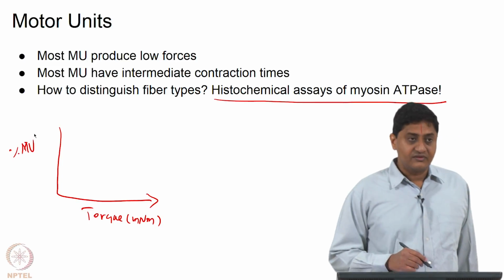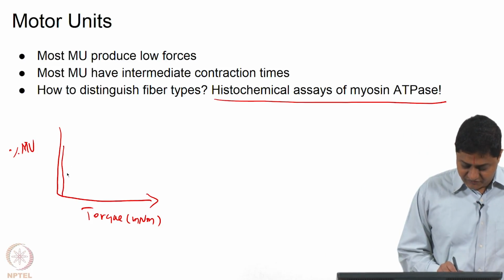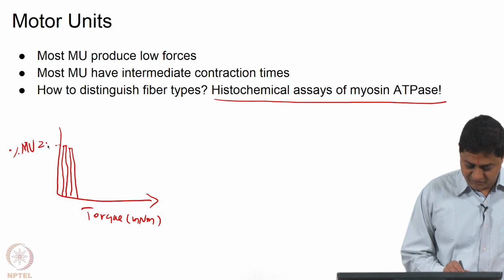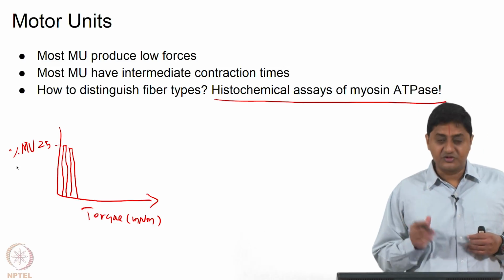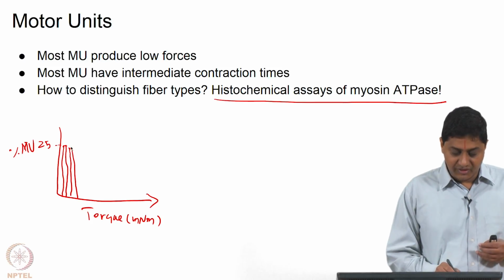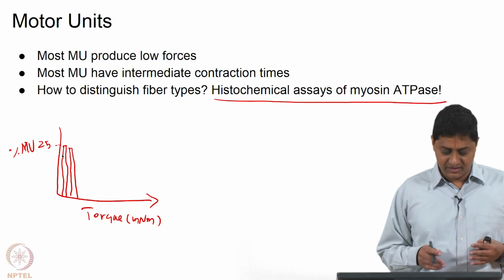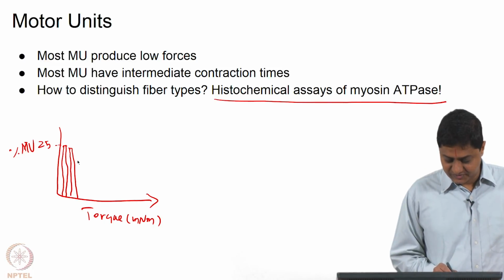Relatively small amounts of torque are produced by relatively large sets of motor units, about 25%. 25% of the total number of motor units produce a small amount of torque, and a little less than 25% produce a slightly larger amount of torque, and so on and so forth.